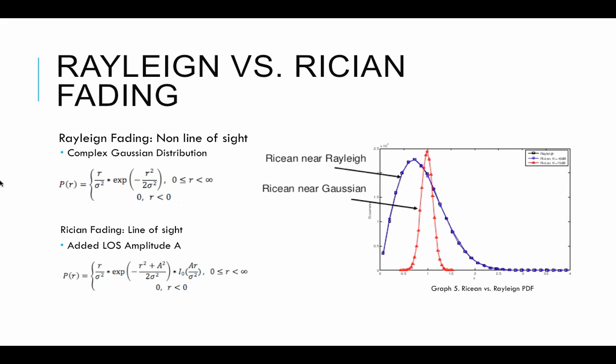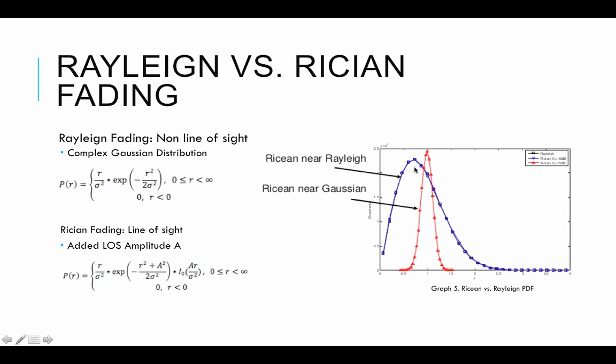The statistical models for those kinds of fading are Rayleigh or Rician fading. Rayleigh fading is the convolution of two Gaussian distributions, that's complex Gaussian or chi-square, and this is usually characterized by this graph of the probability density function over here.